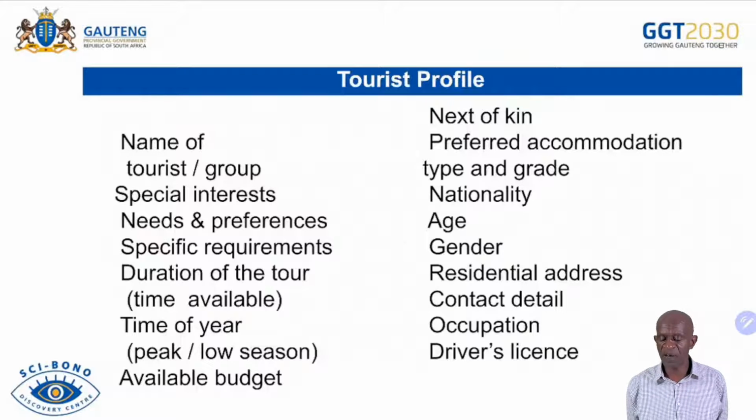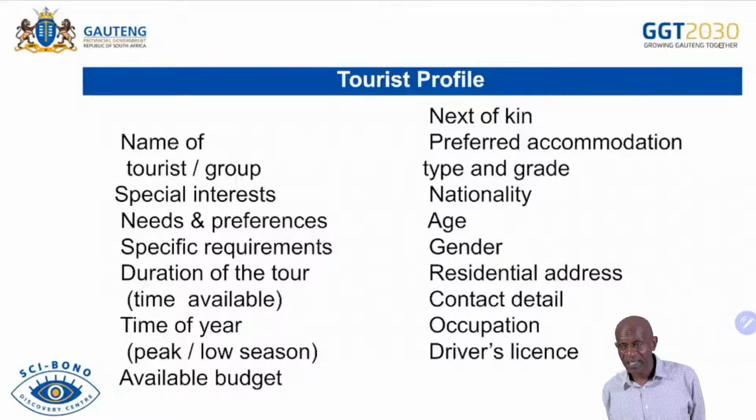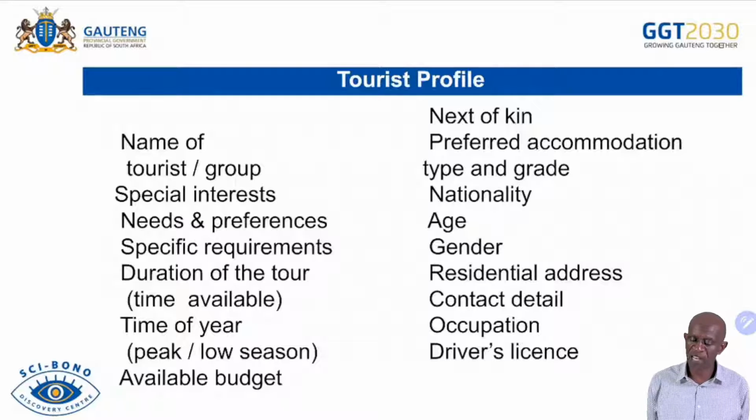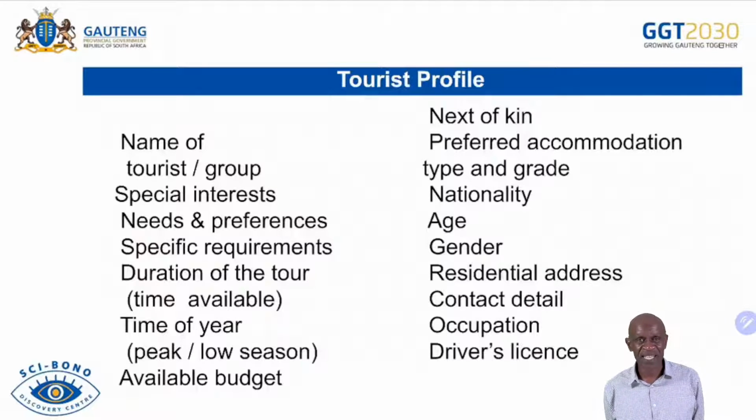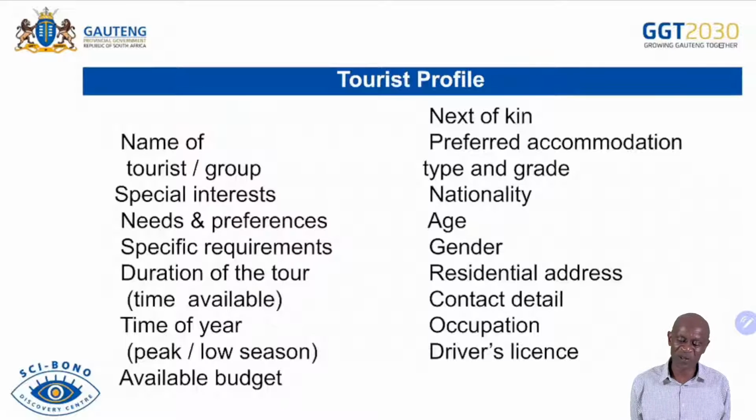The preferred type of accommodation, the tourist profile will have to include that. The type and grade, whether it's a hostel, a guest house, a one-star hotel, depending on the tourist budget, you are able to book the relevant accommodation for your tourist.